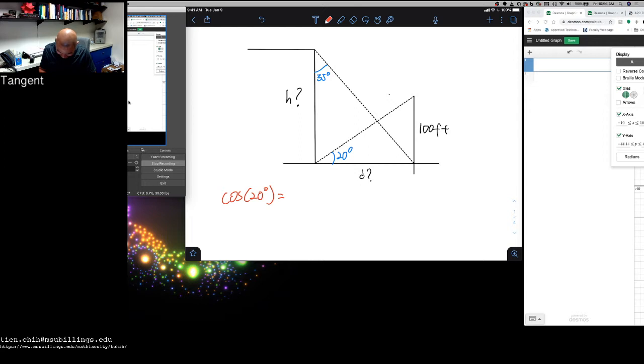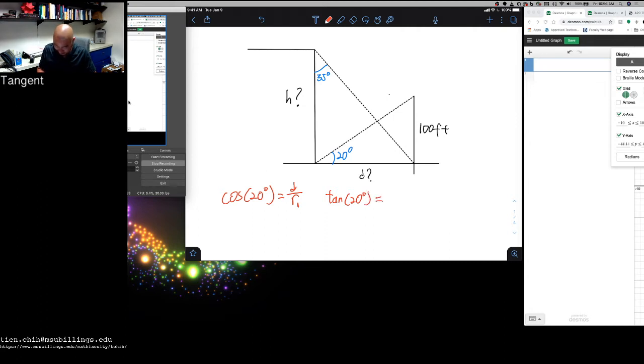So that's d over, I'm going to call it r1, because there's another hypotenuse here that could be r2. But this isn't particularly useful to us, because I also don't know what this distance is either. So that's not great.